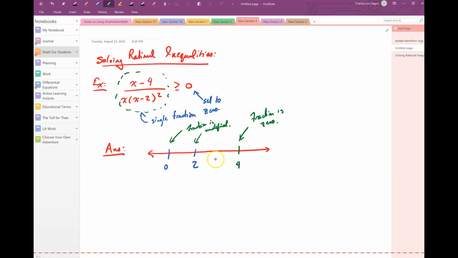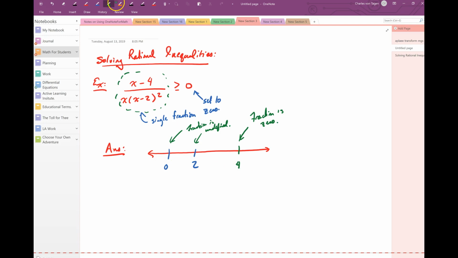Meaning between 2 and 4, for instance, there's no way that this fraction can change sign, because the only way a fraction can change sign is if it crosses a 0 if you were to look at its graph, or if there was an asymptote. But we've already taken into account any way we can get a 0 or an asymptote to this fraction. So that's why this method works.